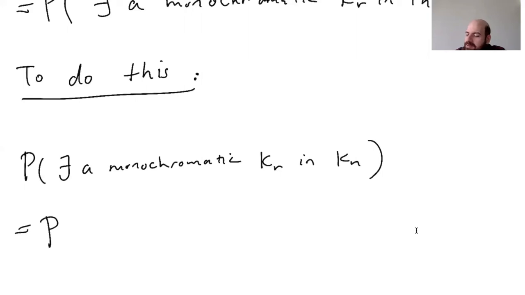So this means either, see how many vertices do I have? I have n vertices, right? So one way to have a monochromatic Kr is that, let's say, vertices 1 to r be blue, or vertices 1 to r be red. In those cases we will have a monochromatic Kr.